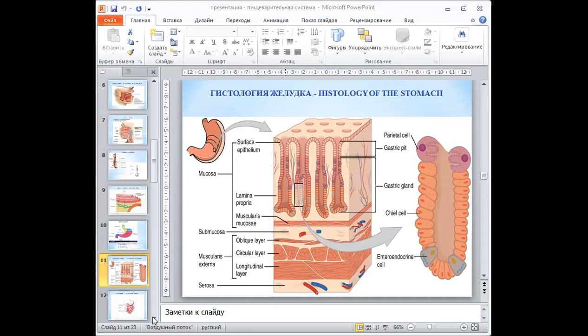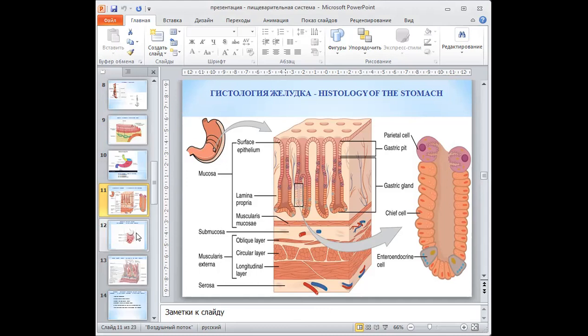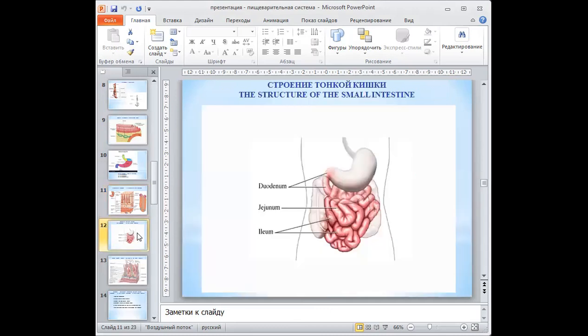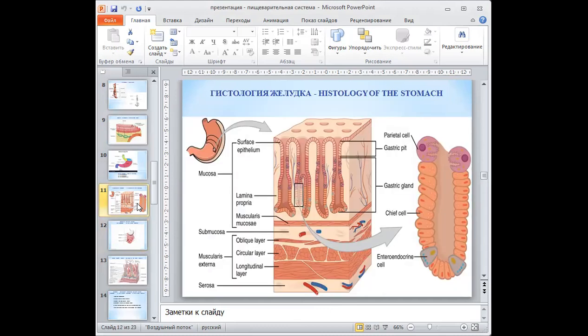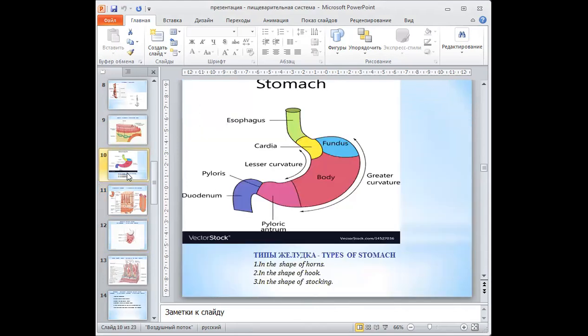There are 3 shapes of stomach: in the shape of a horn, in the shape of a hook, and in the shape of a stocking. The main functions of the stomach: accumulation of food and digestion of solid food into a liquid mixture.